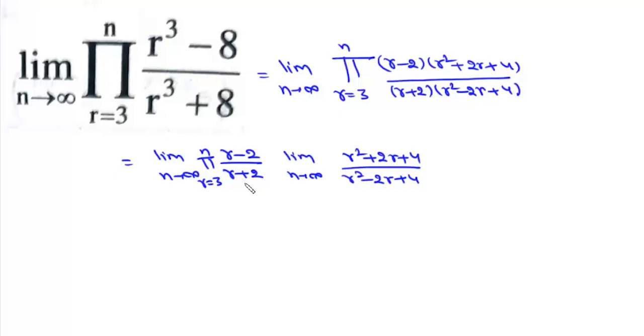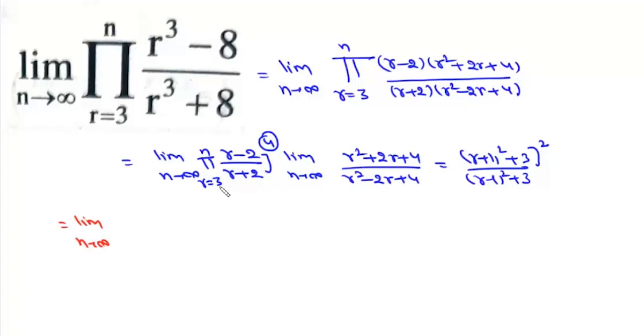Now if we look at this, there is a difference of 4, and for this one we can write r plus 1 whole square plus 3 and r minus 1 whole square plus 3. So here it's a difference of 2. So terms will cancel after 4, and here terms will cancel after 2. So we can write this as this limit n tends to infinite. Now if we put r as 3, it will be 1 by 5.